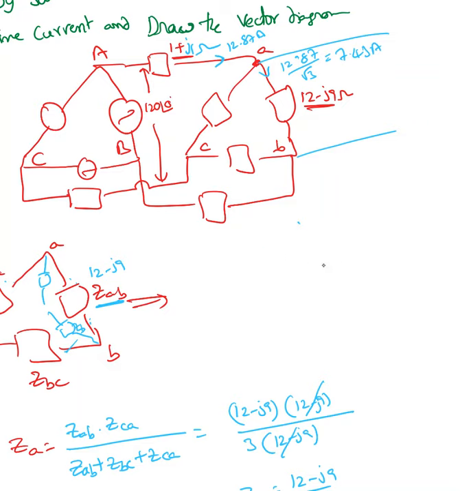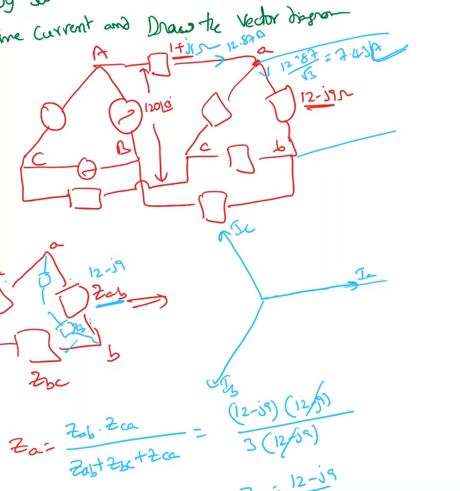So when we draw the vector diagram, we always draw it for the load. So here is our load. I didn't calculate the exact angle, so I'm going to draw an approximate vector diagram. So here is a reference. I'm going to choose this as my IA, IB, IC. To draw the exact vector diagram, I should have this angle.